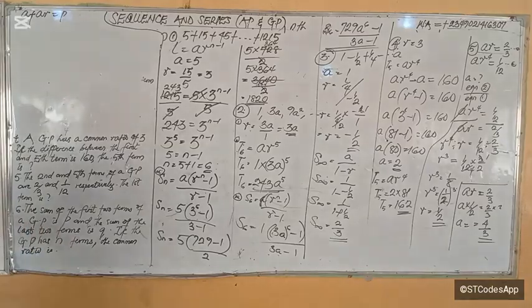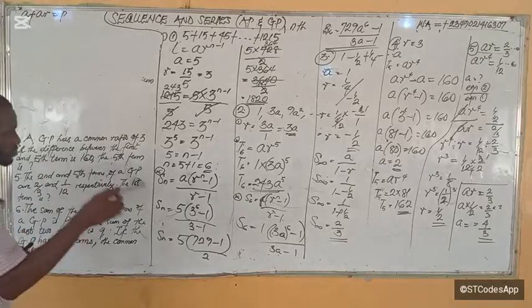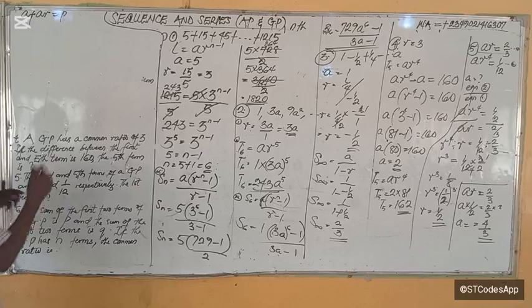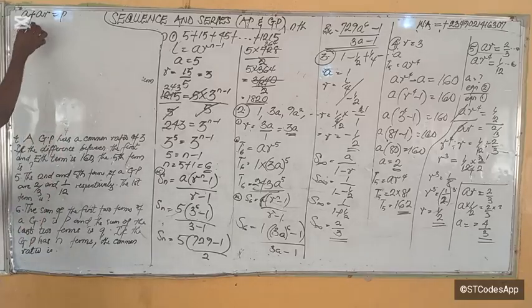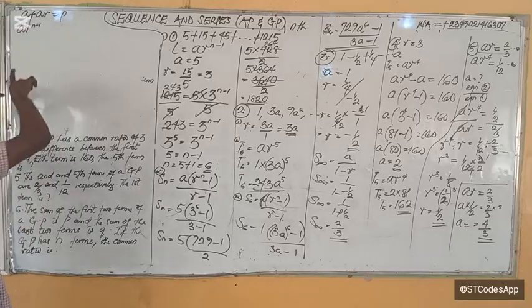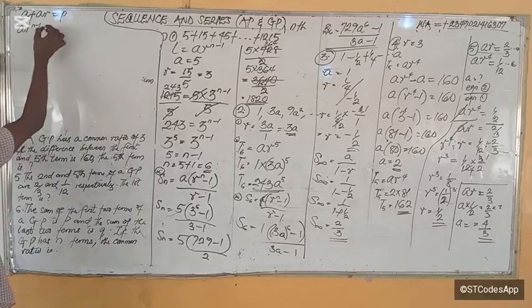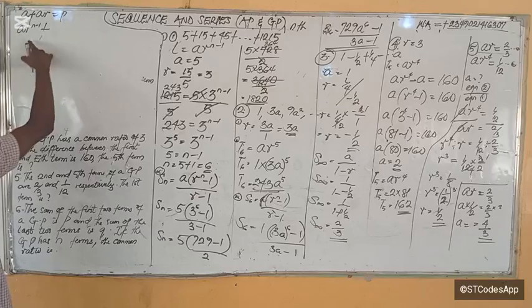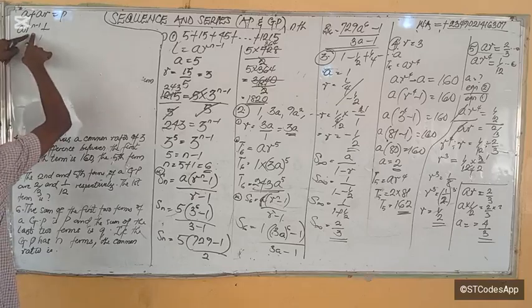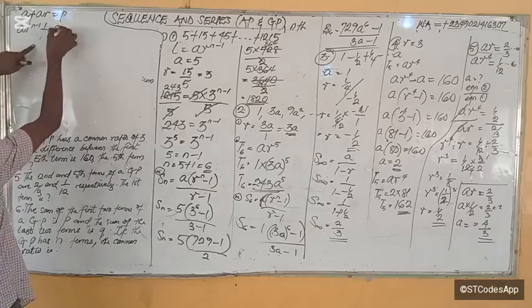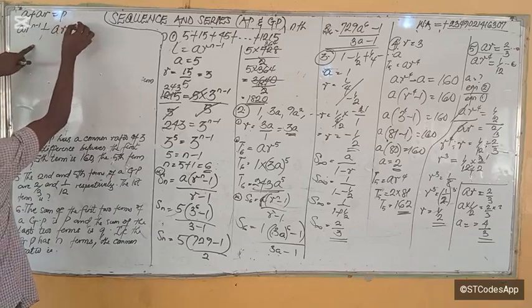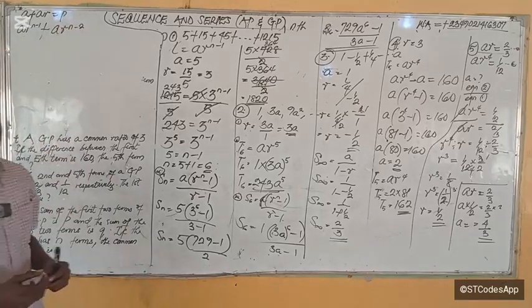Okay? So what will be the last 2 terms? What's the formula for the last term first? Last term is AR to the power n minus 1, right? Then the term before it will be AR to the power n minus 2. Do you agree?